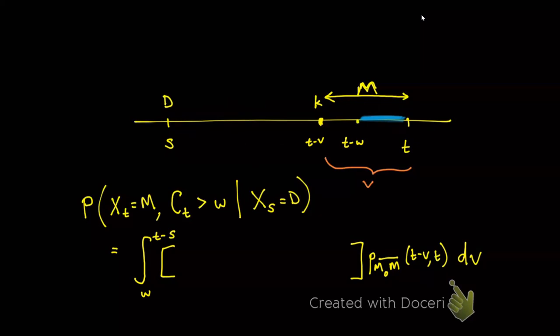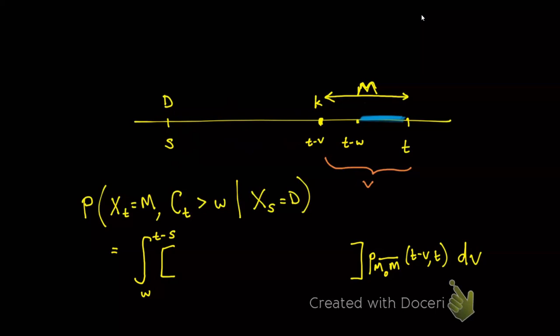Well, between time S and time T minus V, we want to cover the possibility that we started off in divorce and ended up back in divorced, and then transitioned to married at time T minus V. And we also want to consider the path where we moved from divorced to widowed between time S and T minus V, and then we transitioned to married at time T minus V.